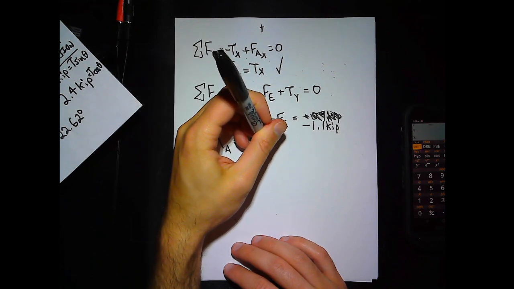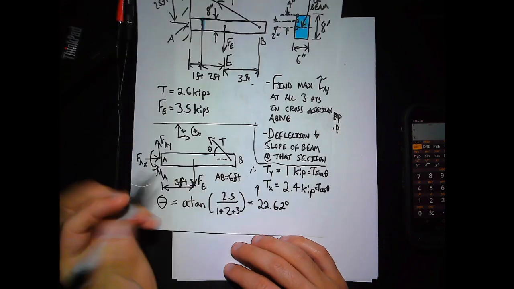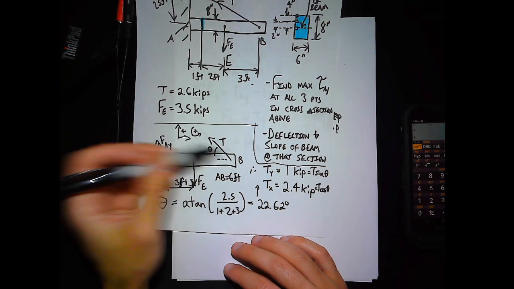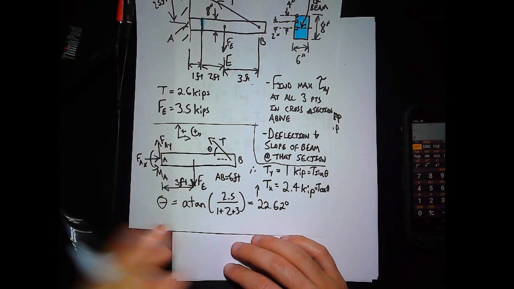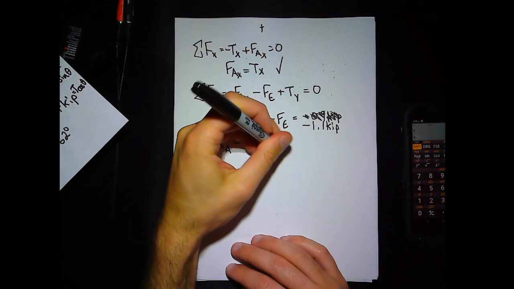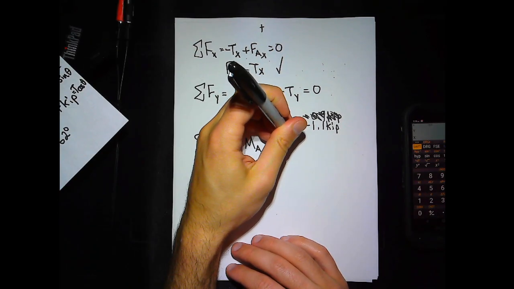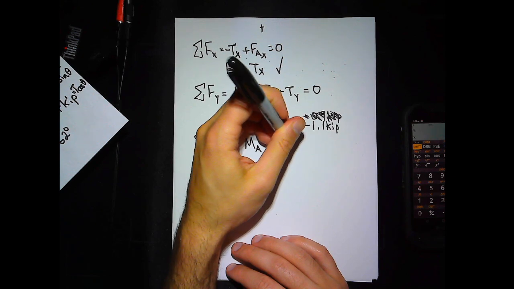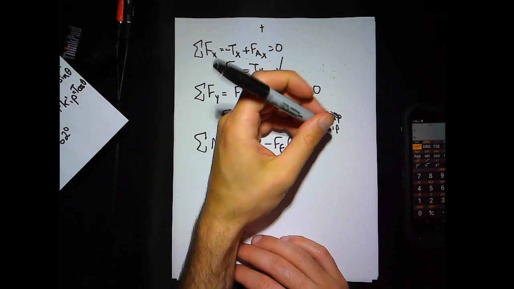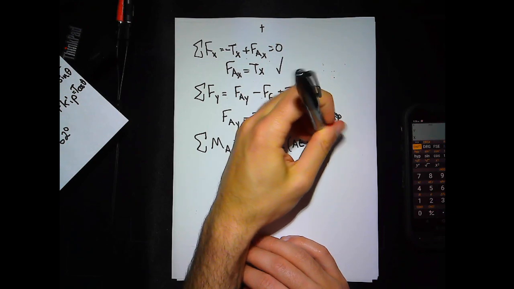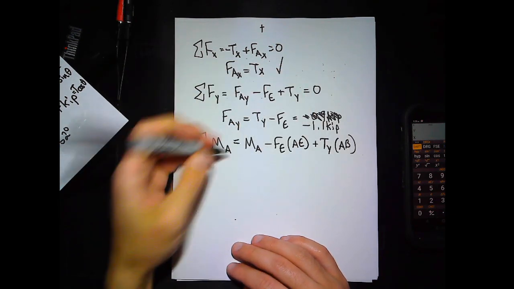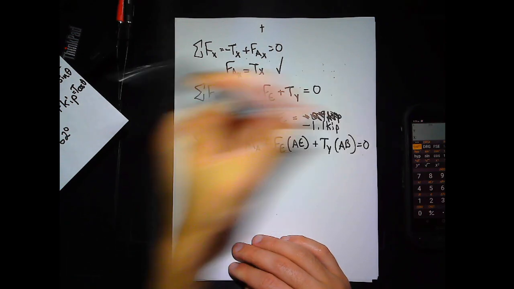So Fe is making a negative moment around A. Ty, the tension, is making a positive moment around A. So minus Fe times AE, or 3 feet, plus Ty times AB, or 6 feet, equals 0.